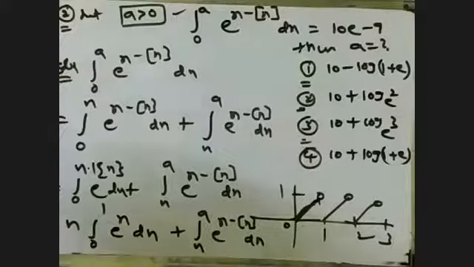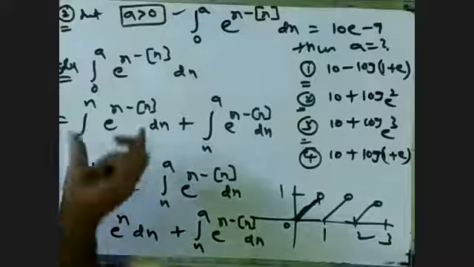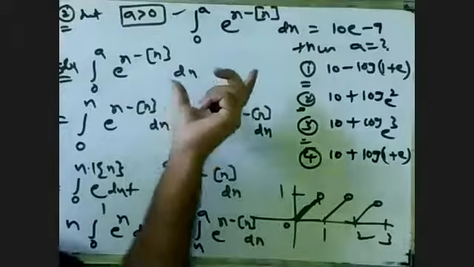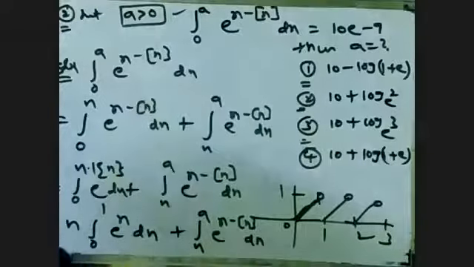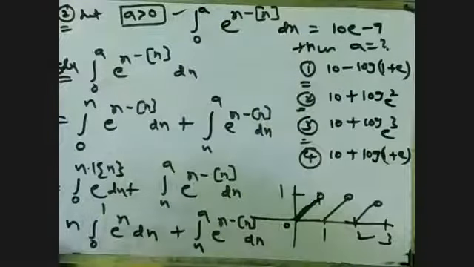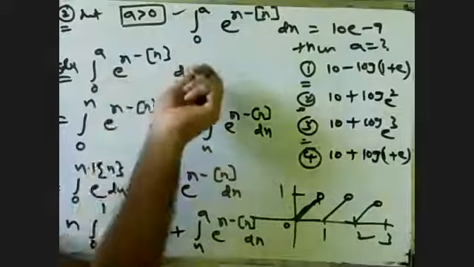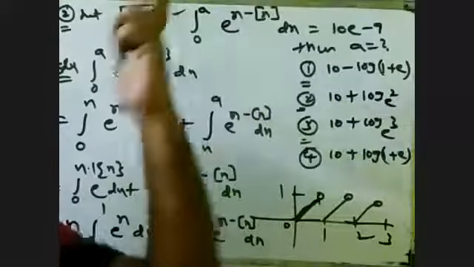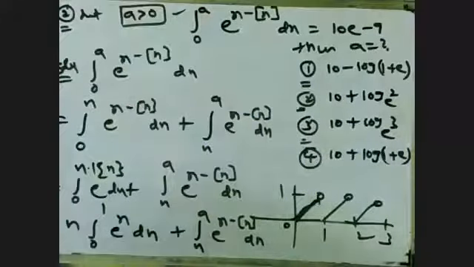Let me explain again how you can do this step by step. It is not simple, but you can do it without any difficulty. e power x minus floor x indirectly says I want integration 0 to a e power fractional part of x, where a is any positive real number.